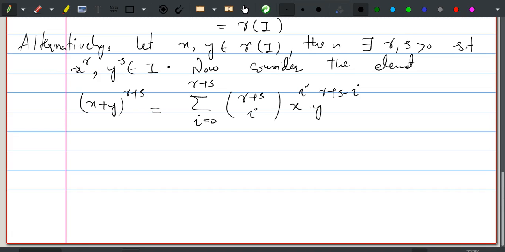So x to the power of any element which is bigger than r is also an element of I. Hence this is the element of I. So let us write this down.